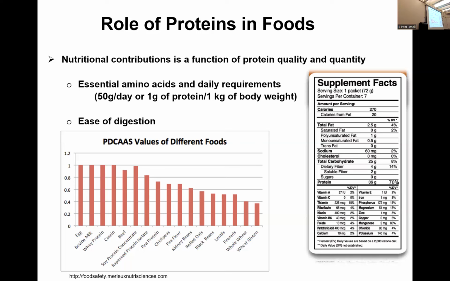So blending, good. But what else can we do? Hydrolyzed protein will enhance the digestibility, but will not change your amino acid score. If the protein inherently has less of an amino acid, you cannot do anything about it, because the protein comes with a certain amount of lysine, a certain amount of methionine.